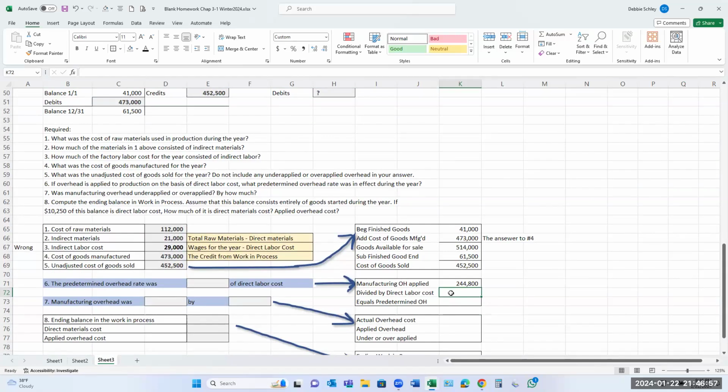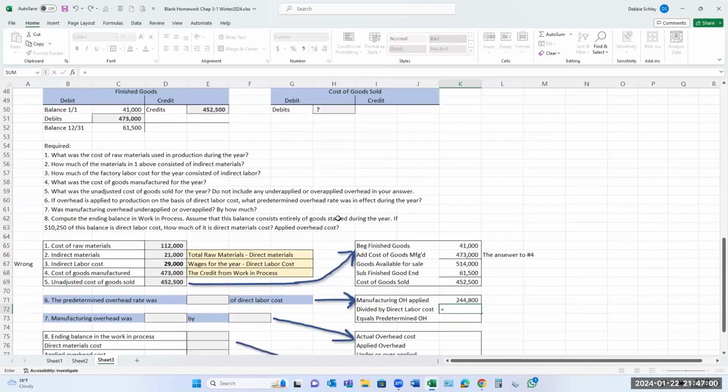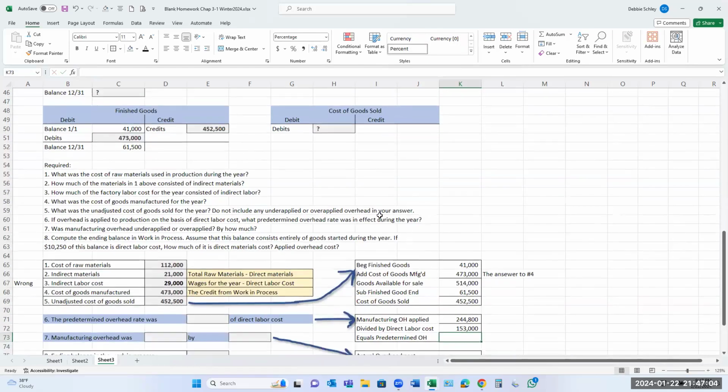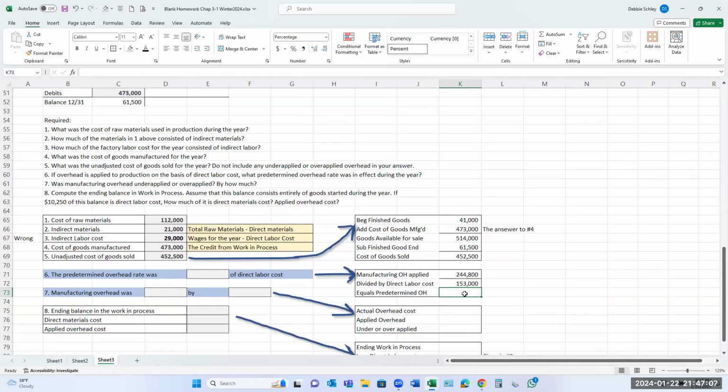And then we're going to divide it by the direct labor cost, which is also in work in process. Okay, so I'm going to take equals manufacturing overhead applied divided by direct labor cost, and it's going to equal 160%. So make sure you don't move your decimals to the wrong place or forget to move your decimal, because they want it in a complete percent, not in a decimal form. So for my answer, it's 160%.